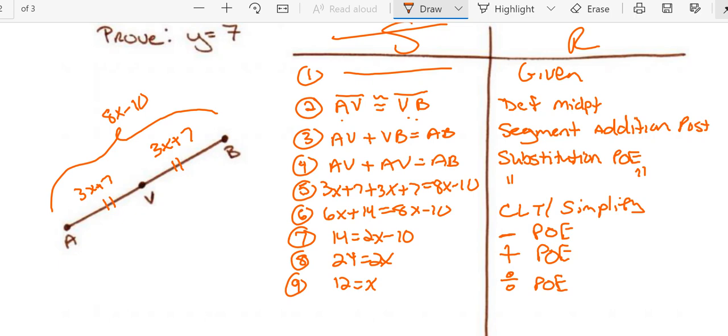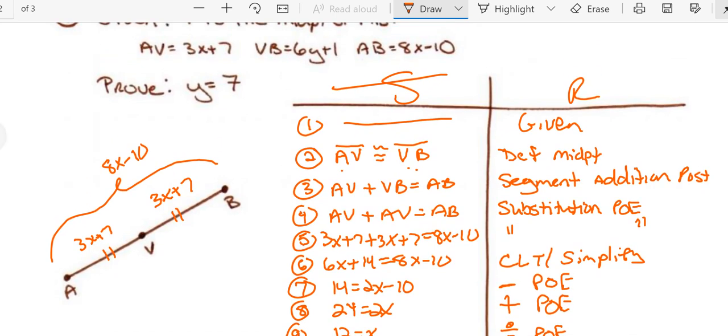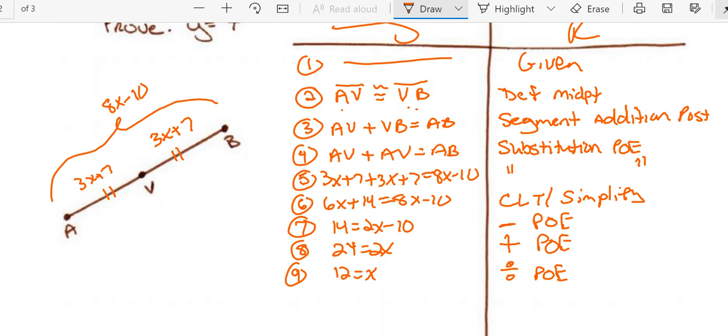All right, so now we have to go back and figure out what y is. We know that it was 6y plus 1. So for step 10, I would say VB equals 3 times 12 plus 7.